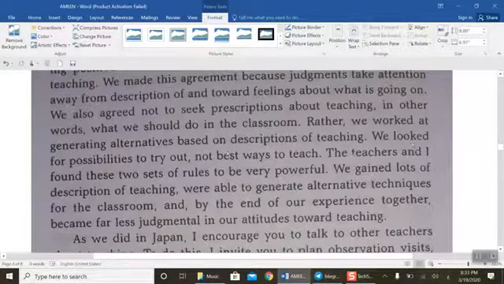We looked for possibilities to try out, not best ways to teach. The teachers and I found these two rules to be very powerful.